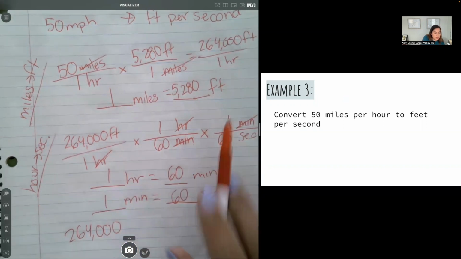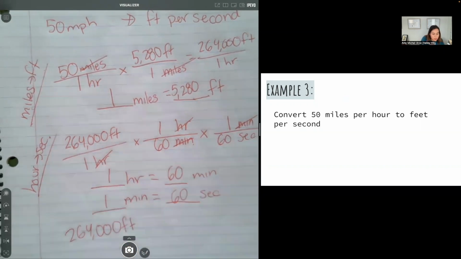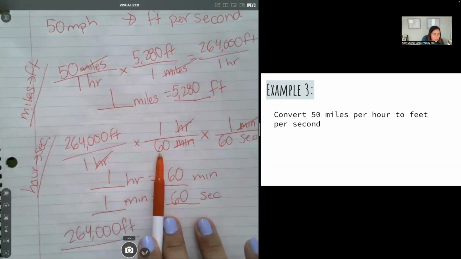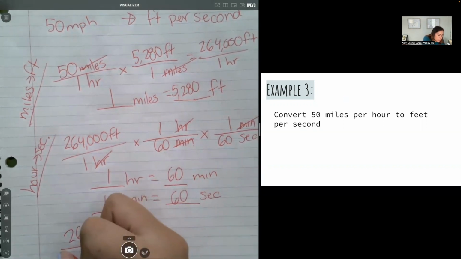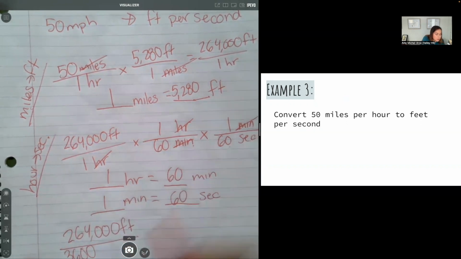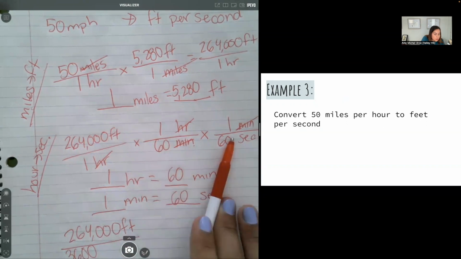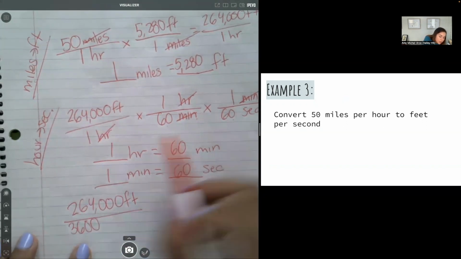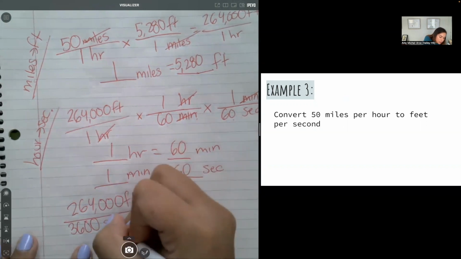The only units left in the numerator are feet. And then here, 1 times 60 times 60, that is 3,600, right? 6 times 6 is 36. And then there's 2 zeros at the end of it down here. The only units left down here are seconds.